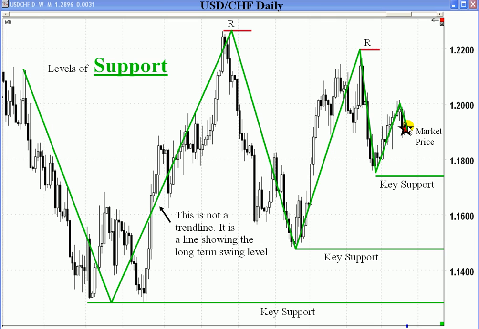Therefore, if the market price is here and we start to move lower, because this is a daily chart, you absolutely must observe this low point, because a very good trading opportunity could present itself right here at this low, as we saw down here. By the way, these are not trend lines or any kind of fancy indicator. These are just lines noting the lows and the highs.